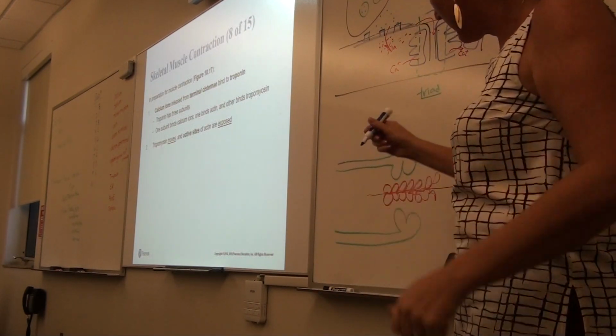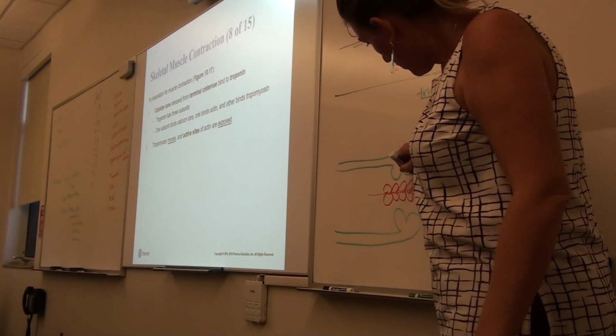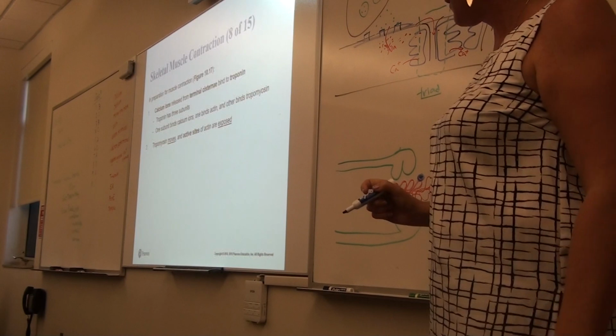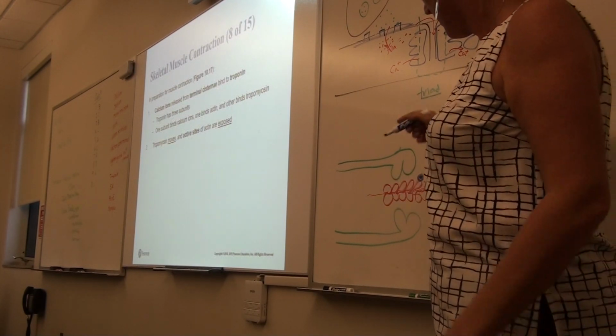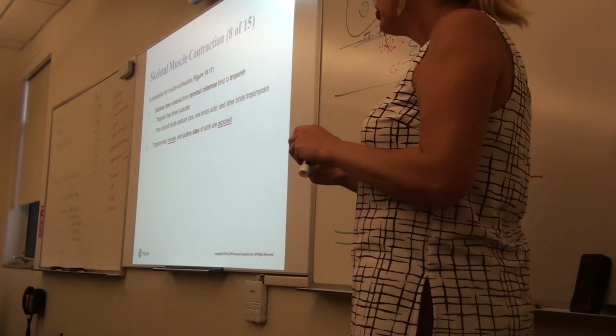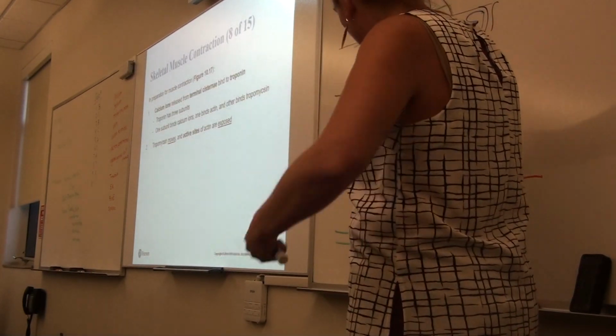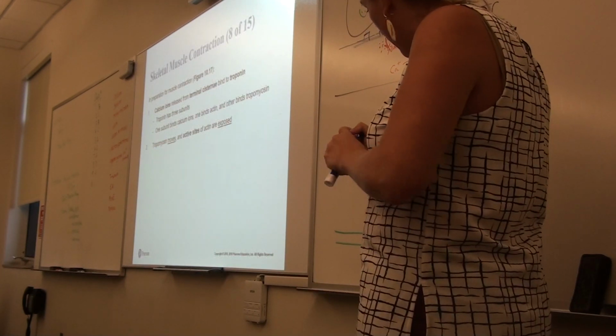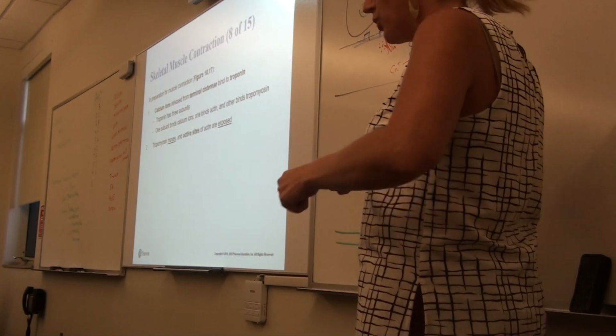On top of our actin is something called troponin. It's actually two molecules, a troponin-tropomyosin complex. So I'll draw it with two little colors here. It's literally blocking the active sites of where our myosin is going to bind.